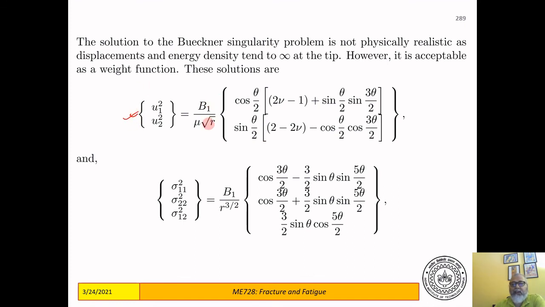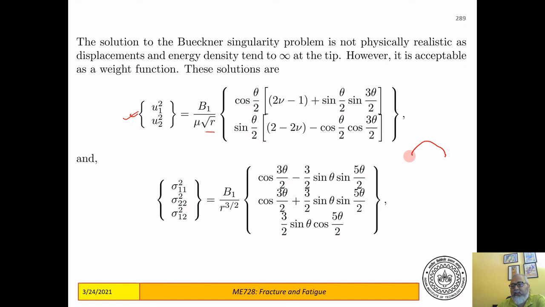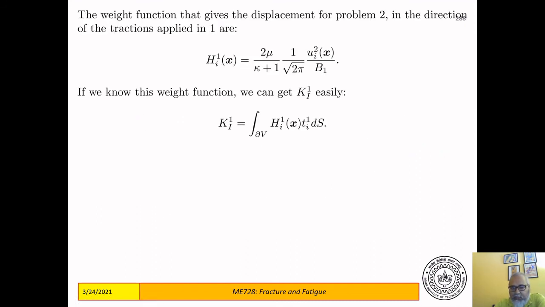So at a given r, and for theta varying from 0 at the right edge of the hole to 180 at the left edge of the hole, you get u12 and u22, and you apply that on this. That means at the tip of the crack, you are generating the Buchner fields forcibly in this sample.